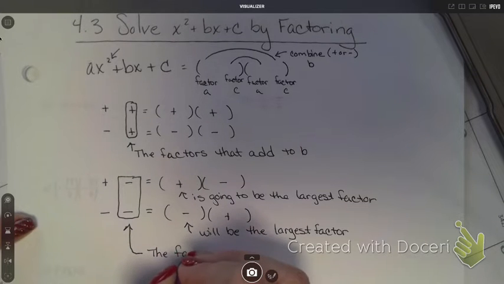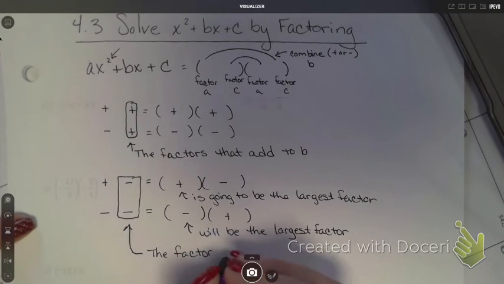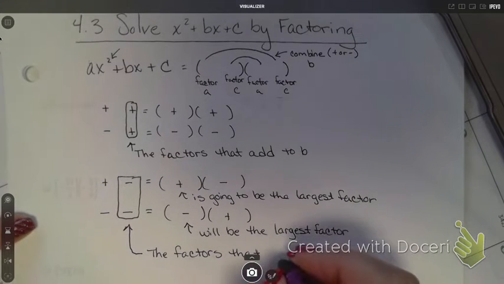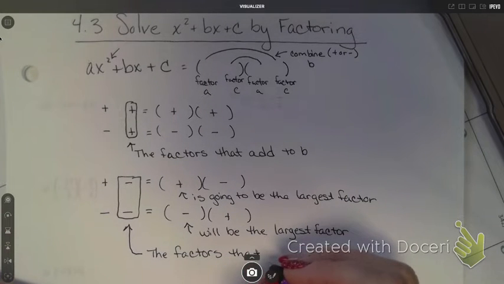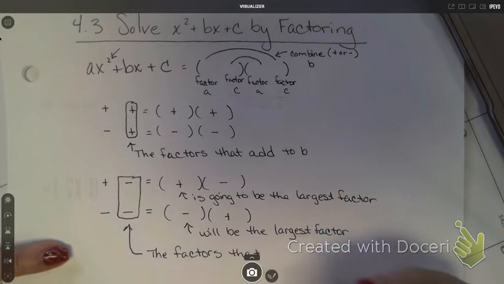The factors will have a difference. What does difference mean? Will the largest factor be negative also? Yes, in this case.